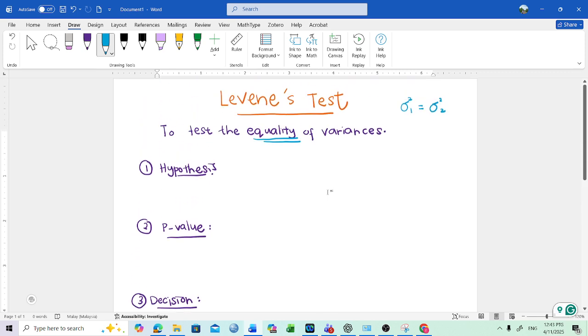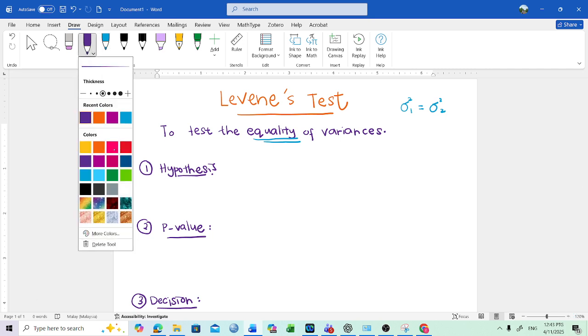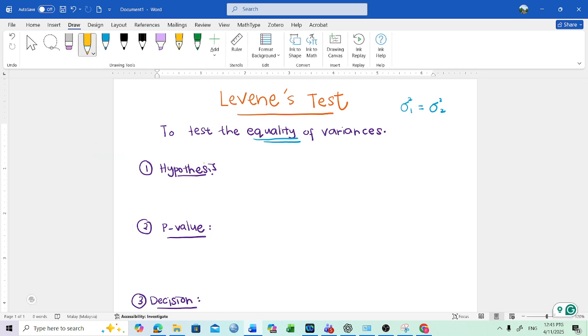The first one is to state the hypothesis. We have the null hypothesis and the alternative hypothesis. This one is the null hypothesis, and H1 is the alternative hypothesis.